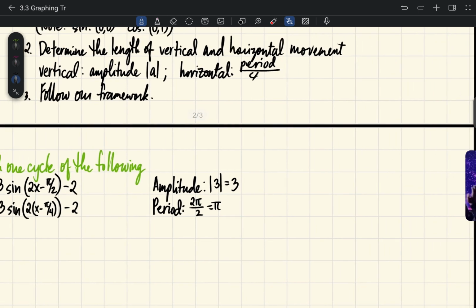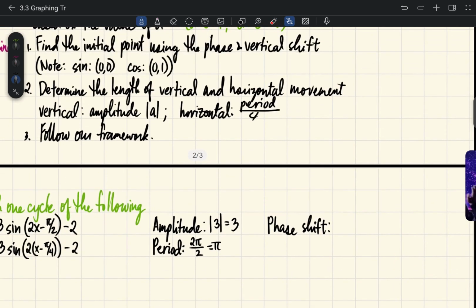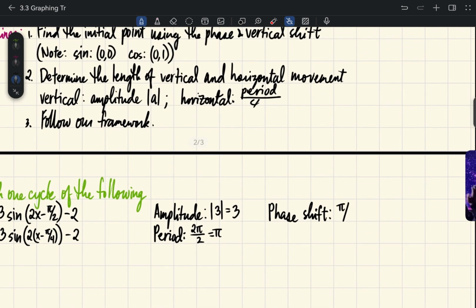Next one is the phase shift. Phase shift is based on the value of C. Take note, the one inside is B times x minus C. So our C is pi over 4, and we have here a phase shift of pi over 4. Since pi over 4 is positive, that means we have a right shift. And lastly, we have your vertical shift.